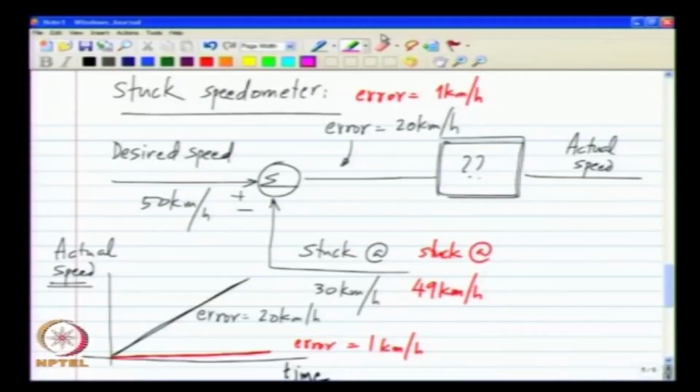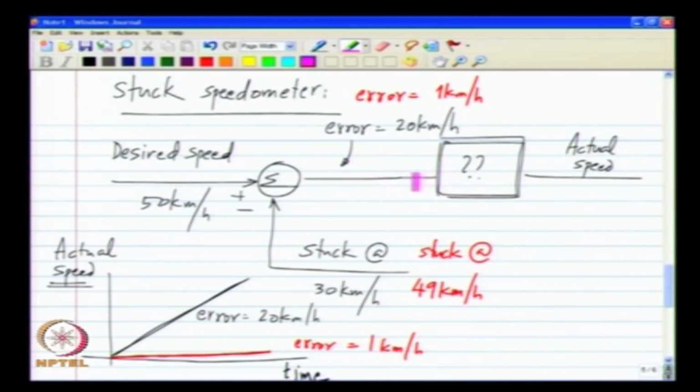Now what we want to get here is a mathematical description of what you are doing so that the negative feedback system works properly, and we try to do that by looking at what happens if the speedometer is stuck. Now this is easier to analyze because in this case, if the speedometer is stuck, that means that you think that the actual speed is 30 kilometers an hour, it is not changing, and the desired speed is also a constant.